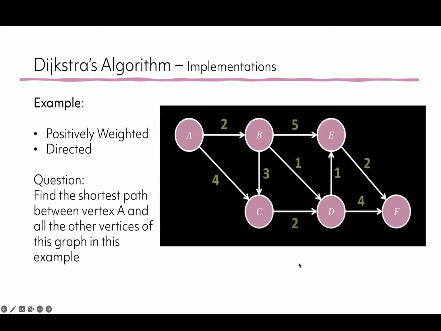Let's look at this example, a positively weighted and directed graph. The question is, we are looking for the shortest path between the vertex A and all other vertices of this graph.